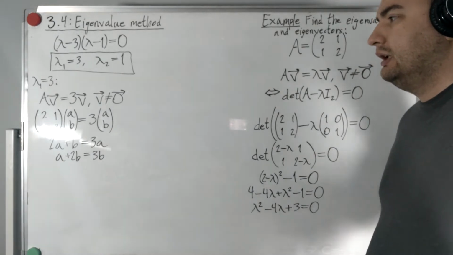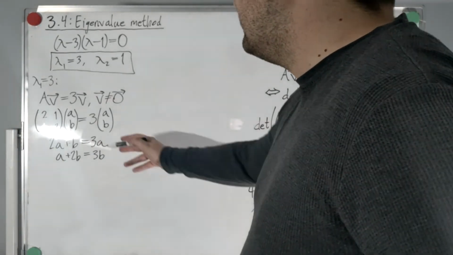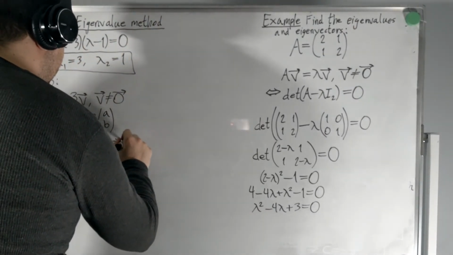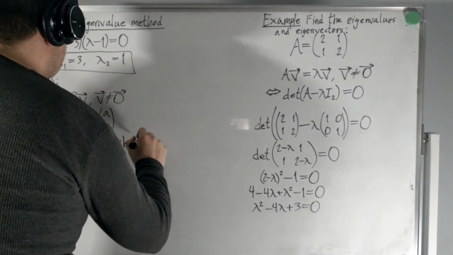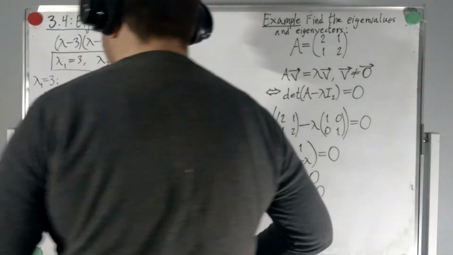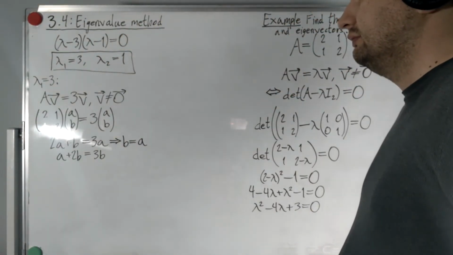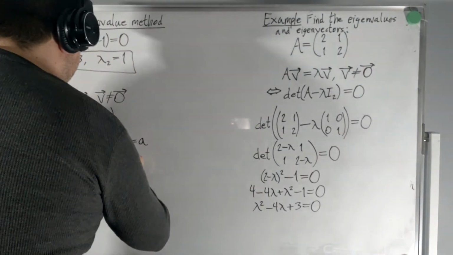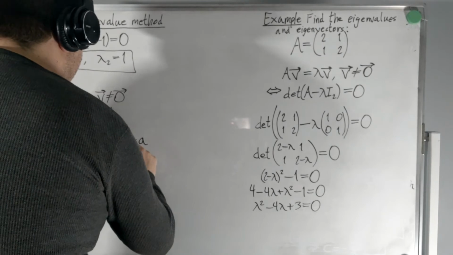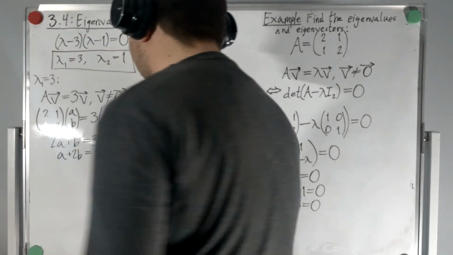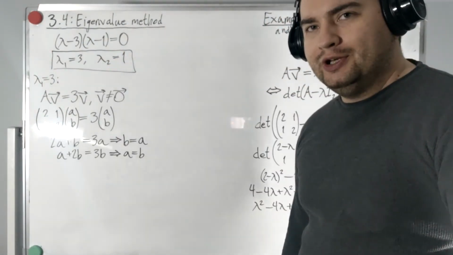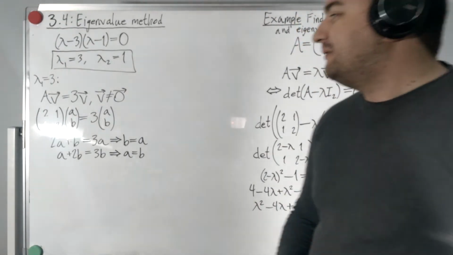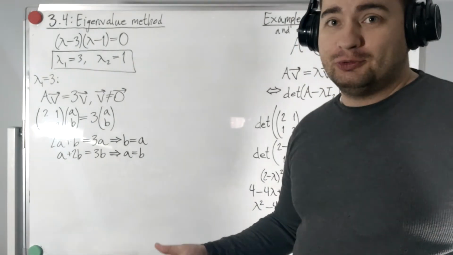Okay. Now, if you subtract 2A from the first equation, you get B equals A. At the same time, if you subtract 2B from the second equation, you get A equals B. Well, that seems kind of redundant. The truth is, you will always have a redundant system of equations when you do this.